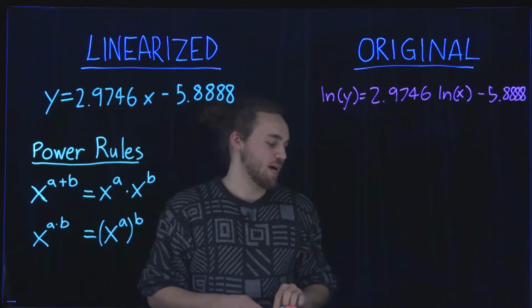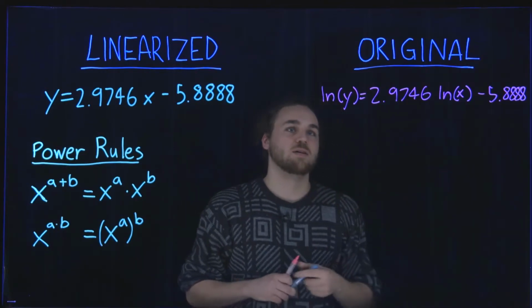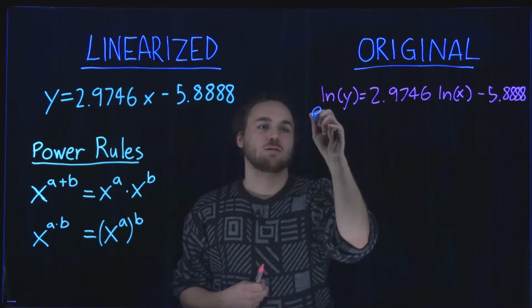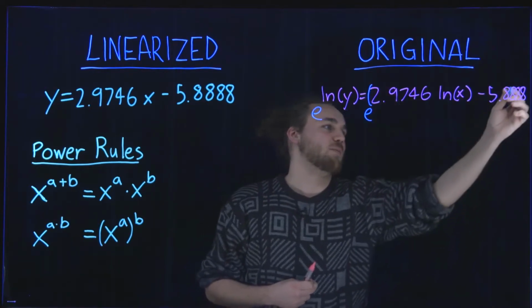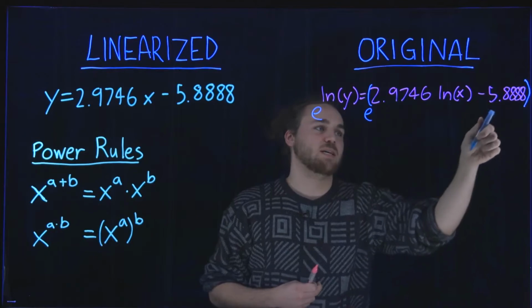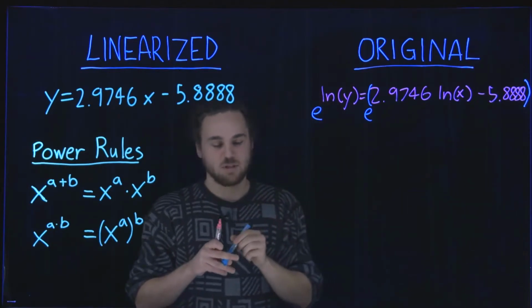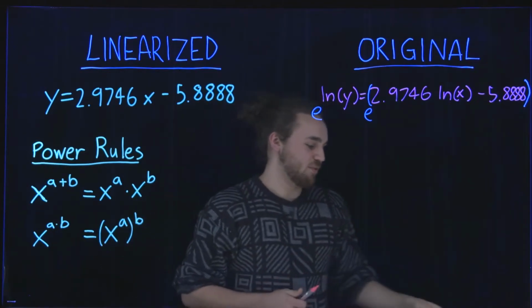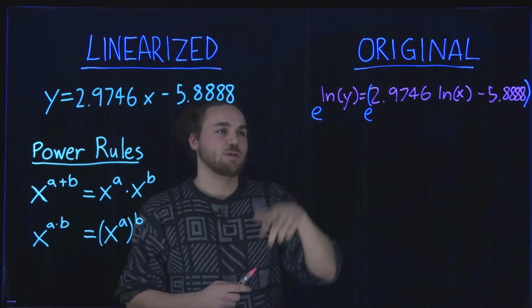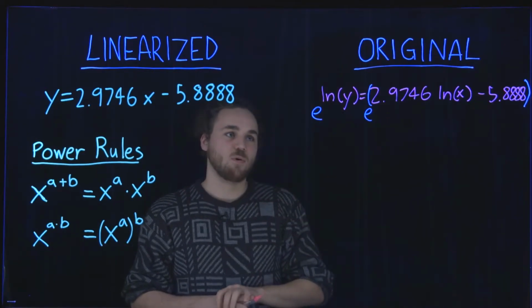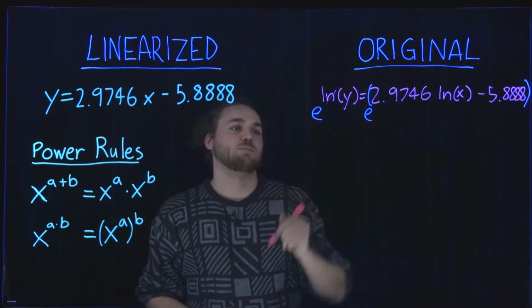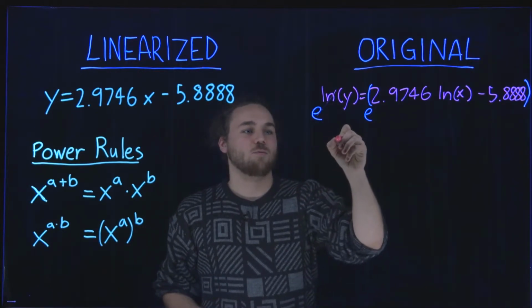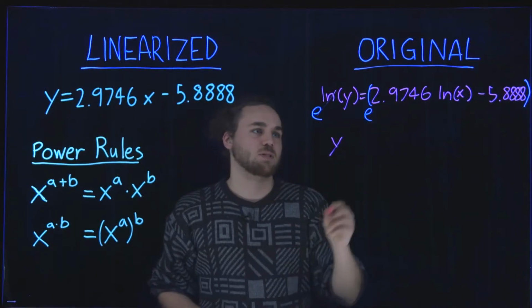By that, I mean that we're going to put both sides to the power of e, and remember that this entire side has to be in the exponent for e. What we've learned before is that natural log is actually the inverse of the exponential function, so this is all going to cancel out, and we're just going to get y here now.